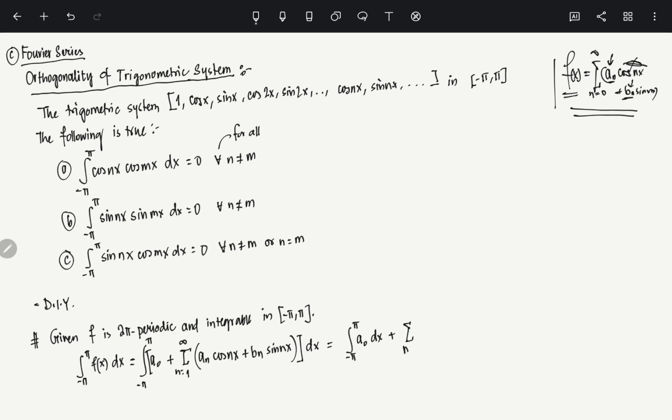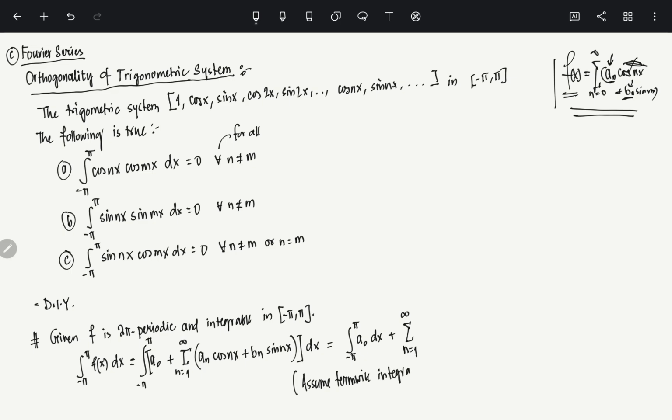Now of course we don't know if we can do something like this, because here there is an infinite series. So we don't know if term wise integration is allowed or not. For now let's just assume that this is allowed. So assume term wise integration is allowed.